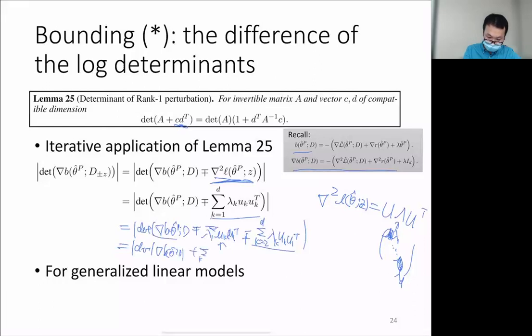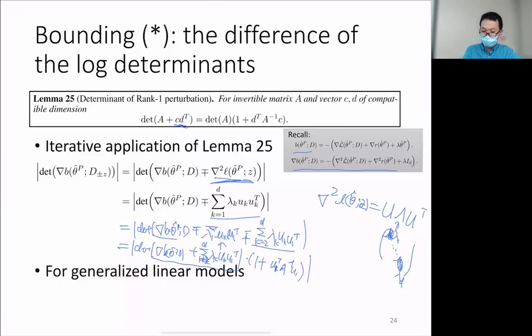the remaining sum from 2 to D of lambda k uk uk transpose, multiplied with 1 plus, where D and C are both this u1: u1 transpose A inverse u1.